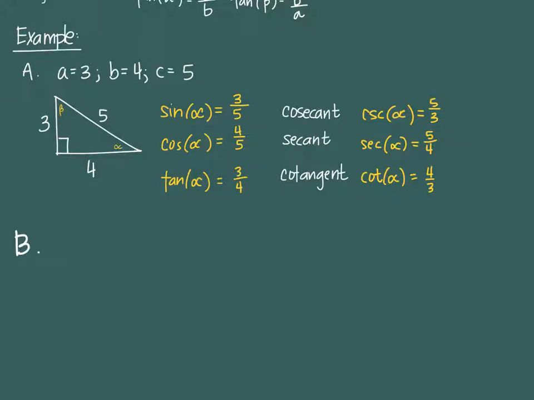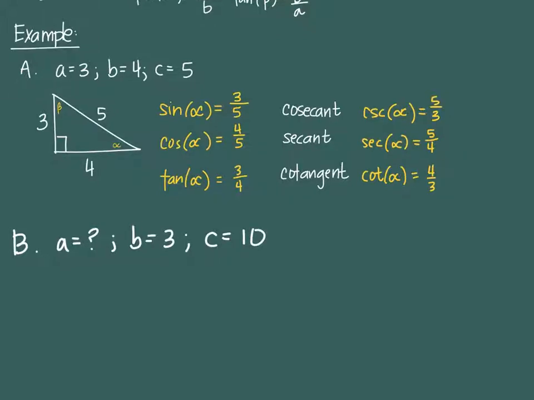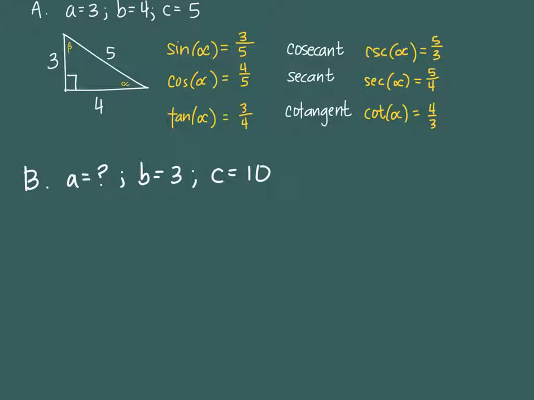Example B. This time, a is unknown, b is 3, and c is 10. Before we can do anything, we've got to figure out the unknown side, because all we have is 3 and 10. So what can we use to figure out the unknown side?